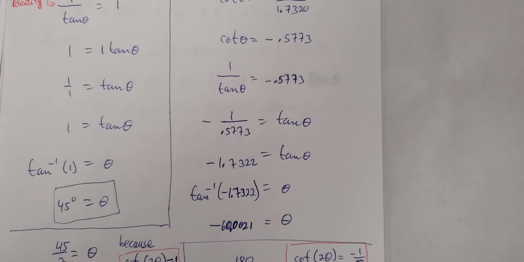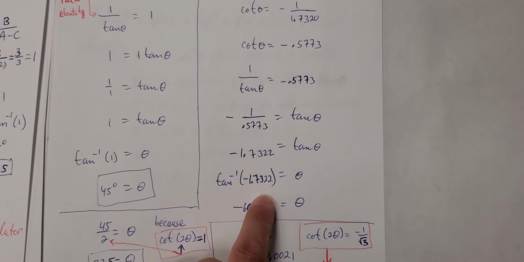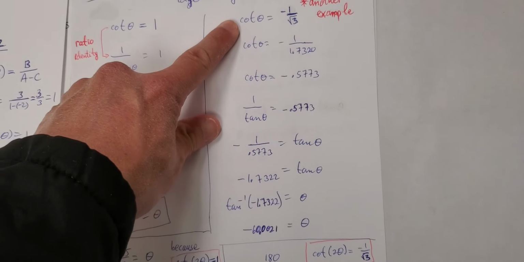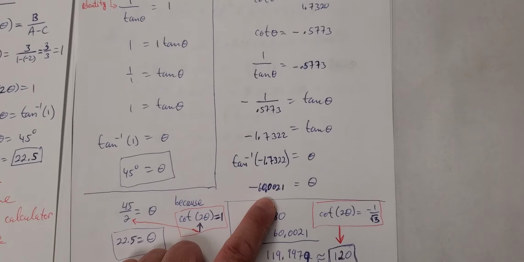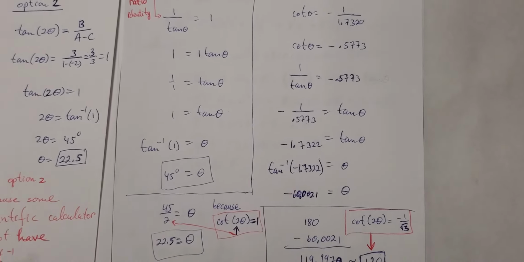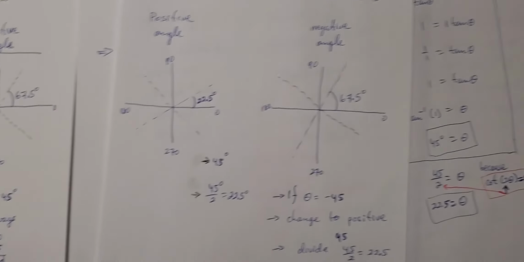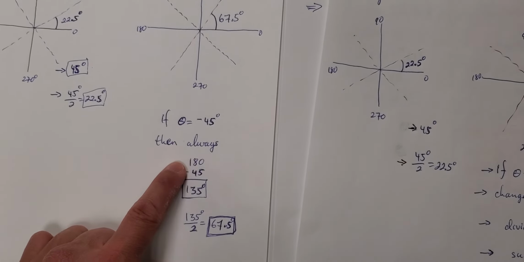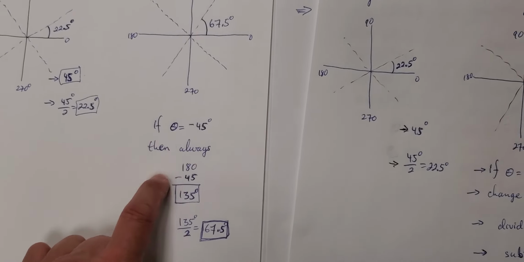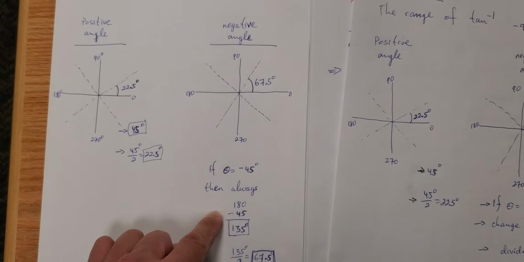Now, however, we are in cotangent. Just like what I showed you in option number 1, if your angle is negative, you must subtract from 180. That was from option number 1, which I have right here.